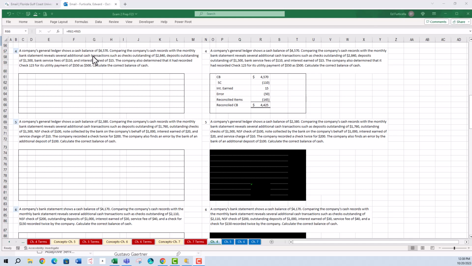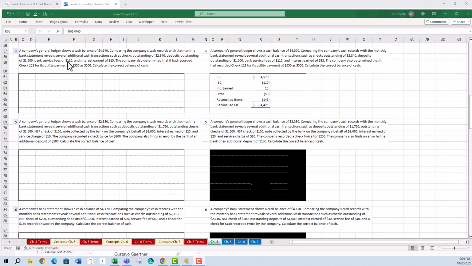Now we're also given information here on outstanding checks and outstanding deposits. These types of transactions only affect the bank side of a reconciliation. We're aware of all the checks we've written. The bank's not aware of $2,840.